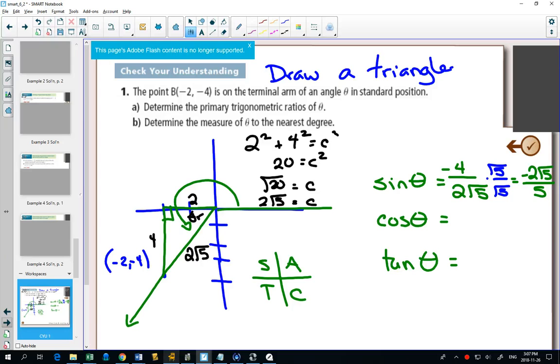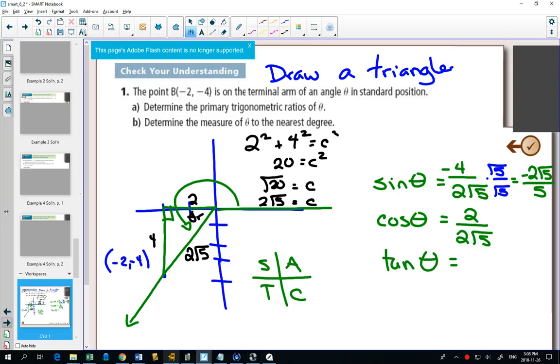Cos of theta. So we look at our reference angle. Cos is adjacent over hypotenuse. The adjacent side is 2. The hypotenuse is 2√5. Will cos be positive or negative in quadrant 3? How did I get a 5 on the bottom? Well, √5 times √5 is 5. And then the 4 and the 2 simplified.